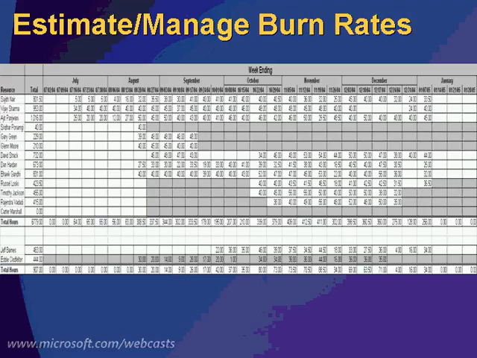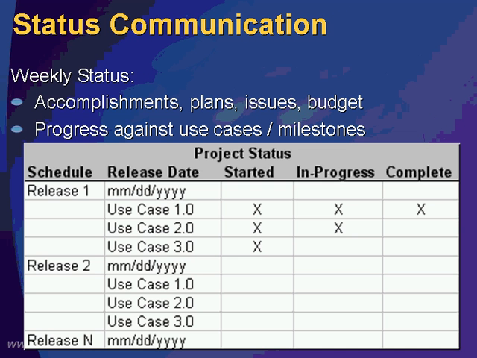When I say burn, I mean dollars burned per week or per month on consulting or IT expenses. So having an eye towards what it's actually costing the business to develop the software and being able to understand what resources are going to come on when to do what types of things, how many hours they're going to spend, who's going to do project management over the many weeks and months it may take to produce the application. This is key, and being able to communicate this stuff consistently to your stakeholders is also key.